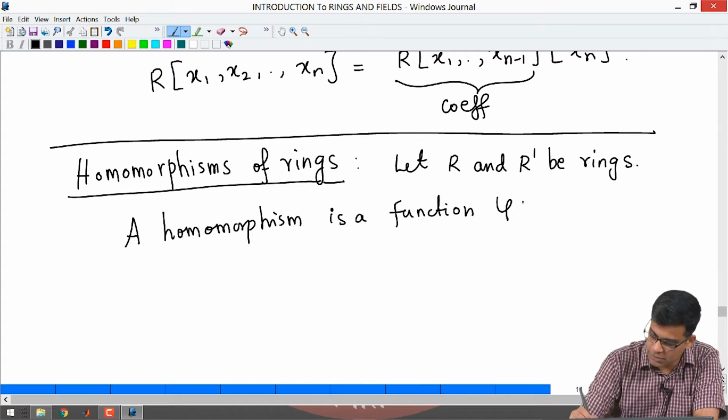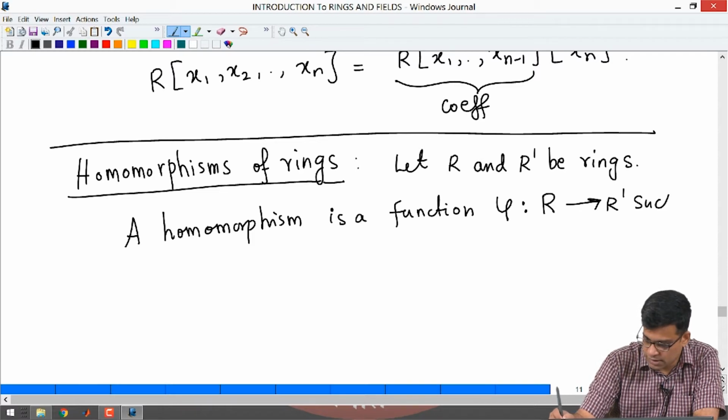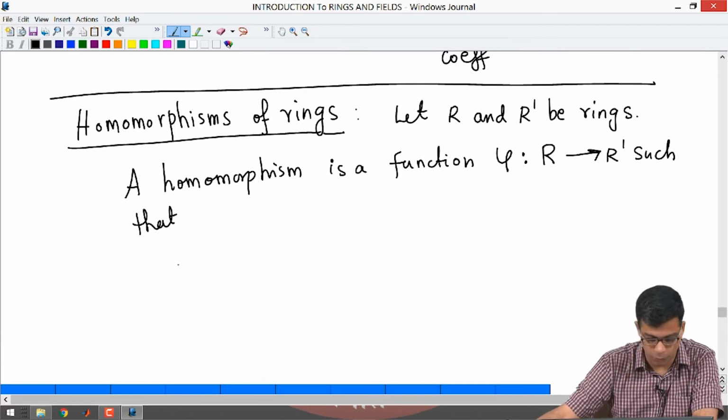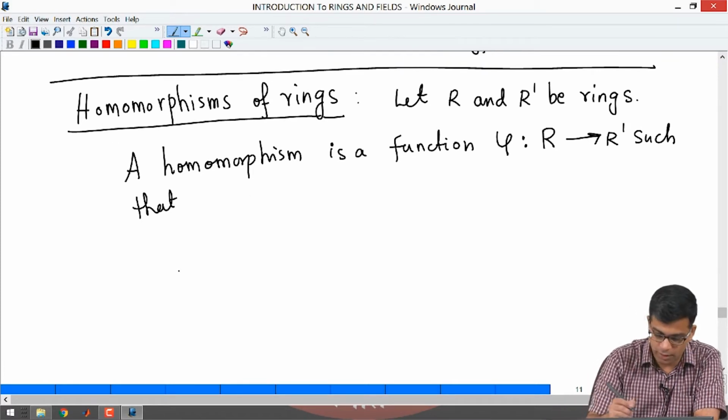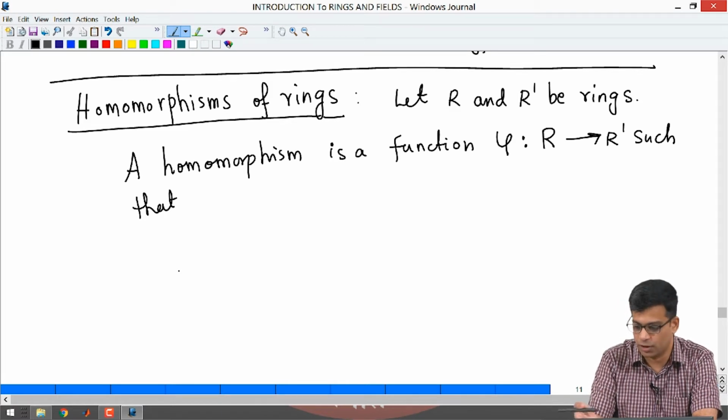A homomorphism is a function, let us call it phi from R to R prime, such that it has the following properties. Because R is an abelian group under addition, and R prime is an abelian group under addition, it must to begin with be an abelian group homomorphism.